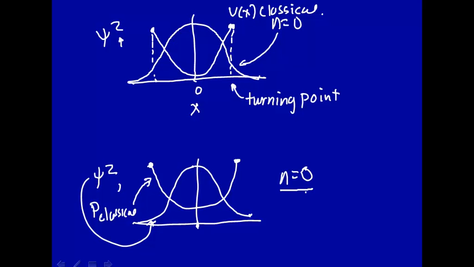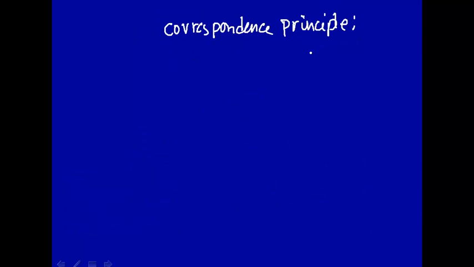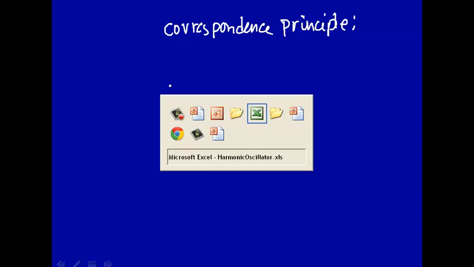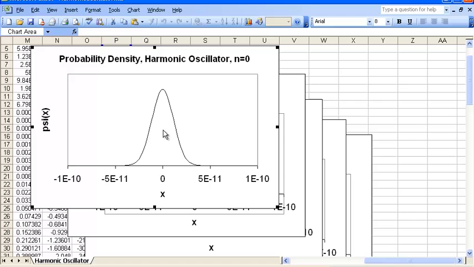Well, the way you reconcile this is using the correspondence principle, which says that the predictions you make from quantum mechanics have to agree with those you make from classical mechanics when the value of the quantum number becomes very large. All right, so let's see if we can explain that. Let's go back to our plot here. Here was the probability density, and you multiply it by some small volume.